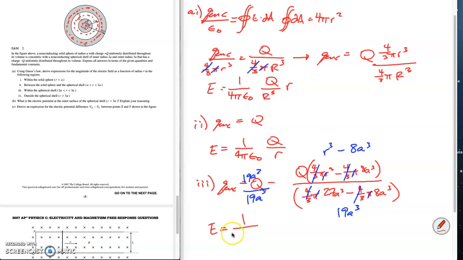of 1 over 4 pi epsilon naught. And then we're going to have q over 19. And I've rearranged things on my answer key here. So we're going to have a 1 over r squared. That comes from this area here.